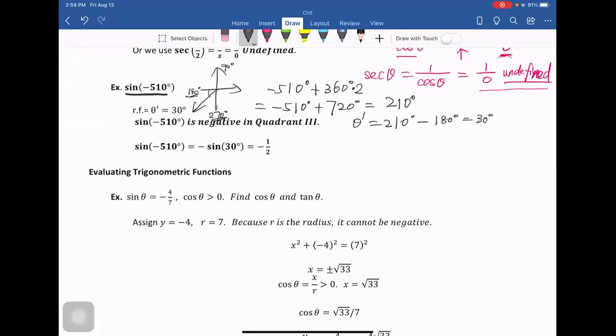That's 30 degrees. So this is the reference angle, 30 degrees. So sine 30 equals 1/2. And also we need to know in the third quadrant, sine must be negative. So sine negative 510 equals negative 1/2 because this is in the third quadrant.